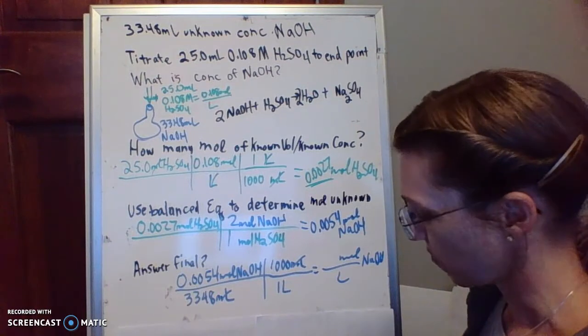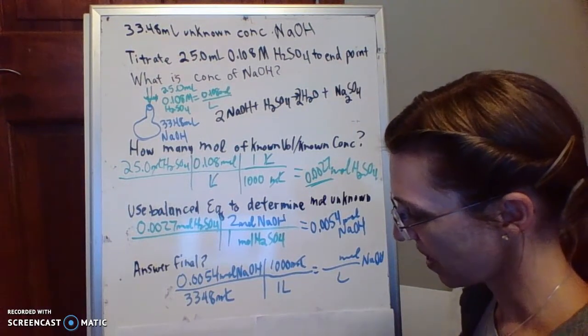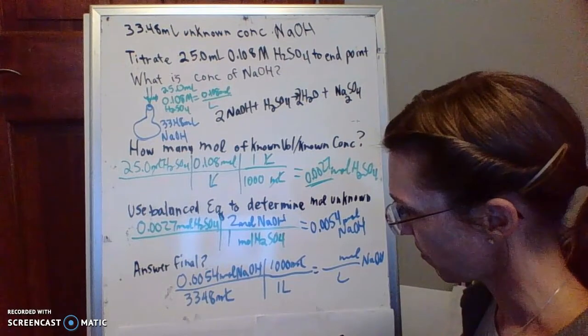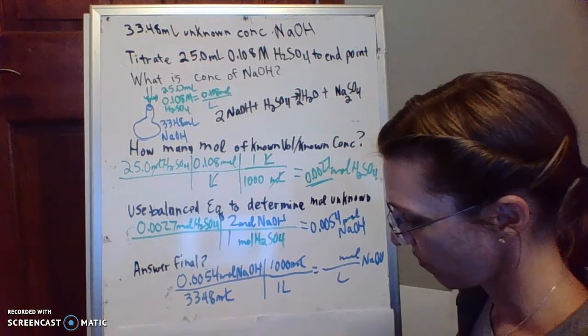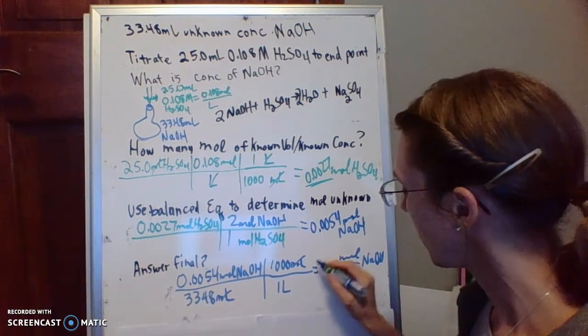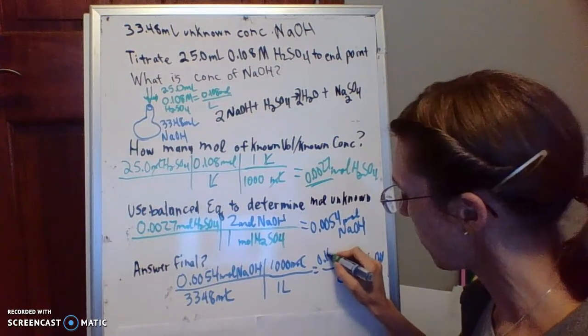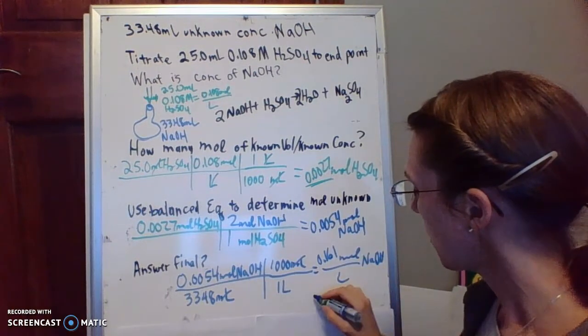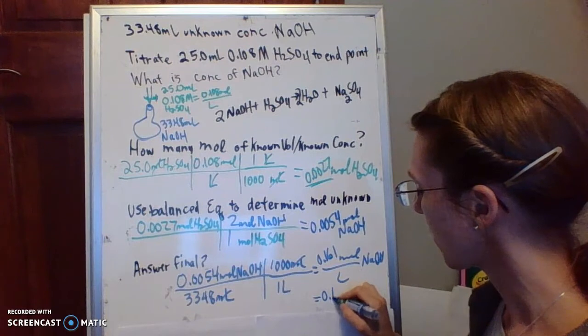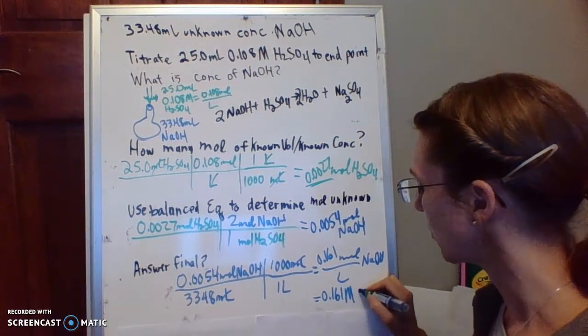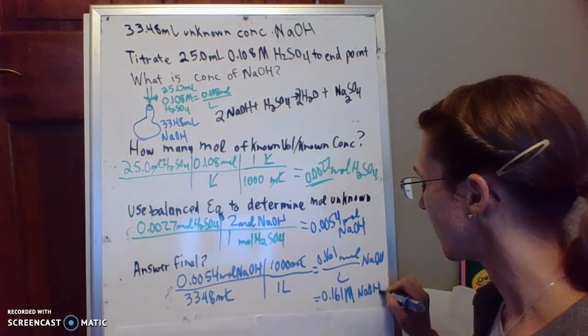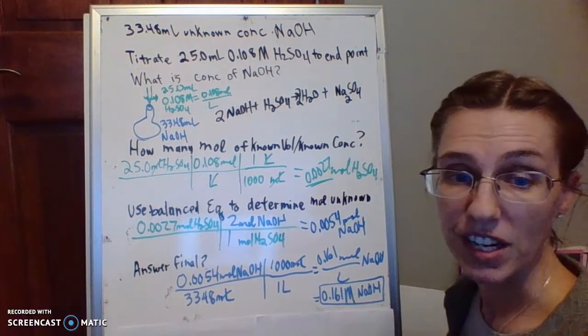So we multiply by 1,000 divided by 33.48, and we get 0.161 moles per liter, which is 0.161 molar of our sodium hydroxide. There's our concentration.